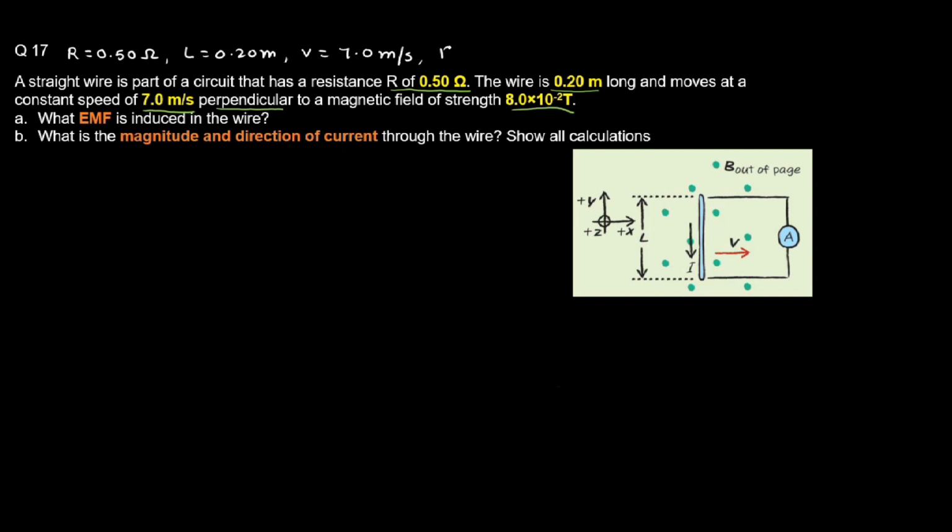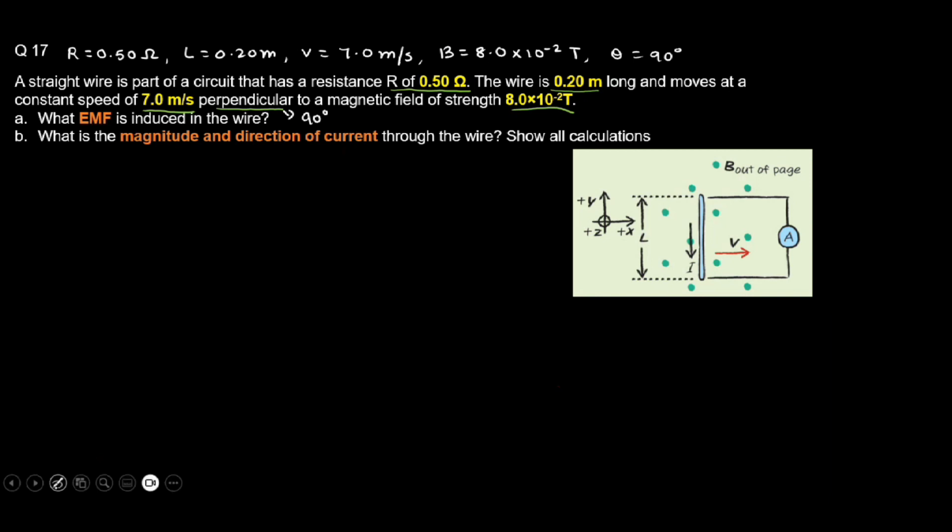The strength of the magnetic field B, 8.0 times 10 to the power negative 2 Tesla. And the angle theta between the speed and magnetic field B, which is 90. When they say perpendicular, perpendicular means the angle theta is 90.